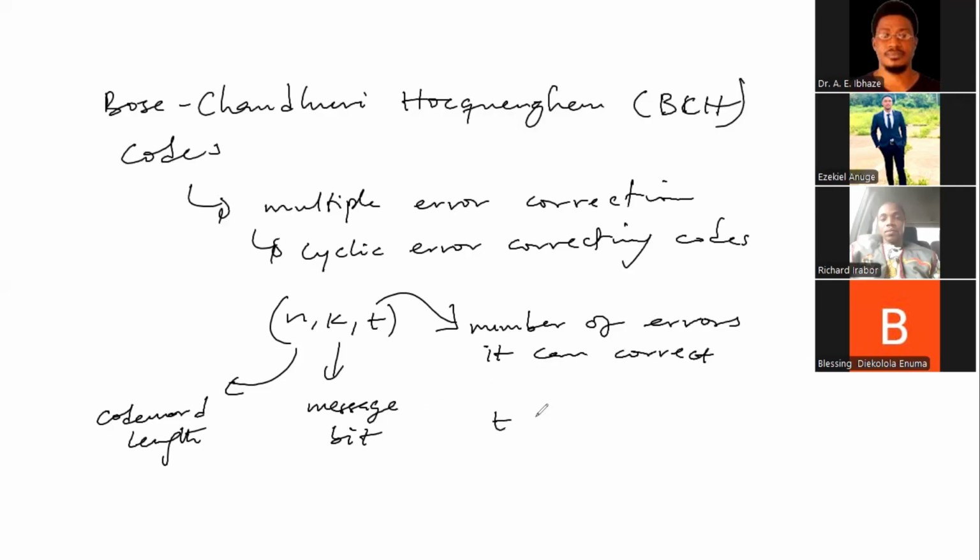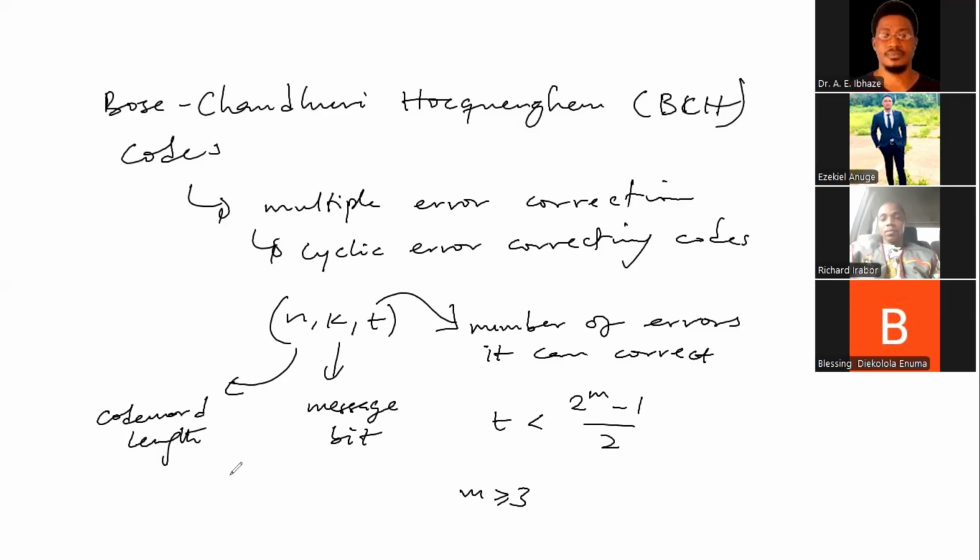And we know that T is less than (2^M - 1)/2, where M is some positive integer greater than or equal to 3.